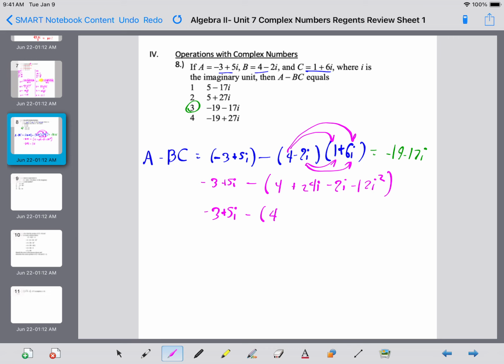24i minus 2i is 22i. Distribute out the negative. Okay.